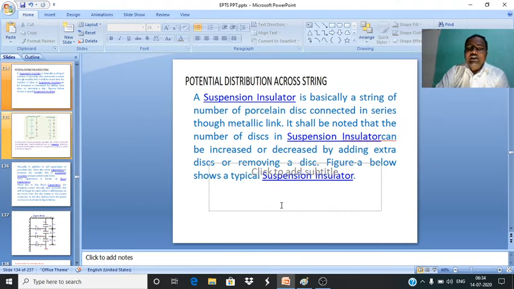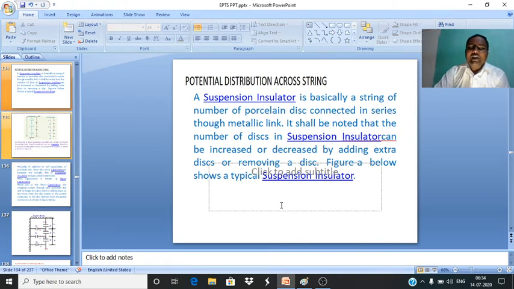Normally, the disc nearest to the conductor has more voltage compared to the top insulator. The number of insulators are placed in series one by one. The disc nearest to the conductor has maximum voltage, and the disc at the top has less voltage.